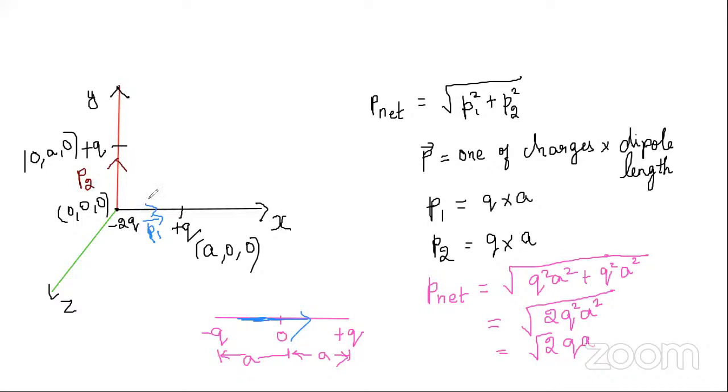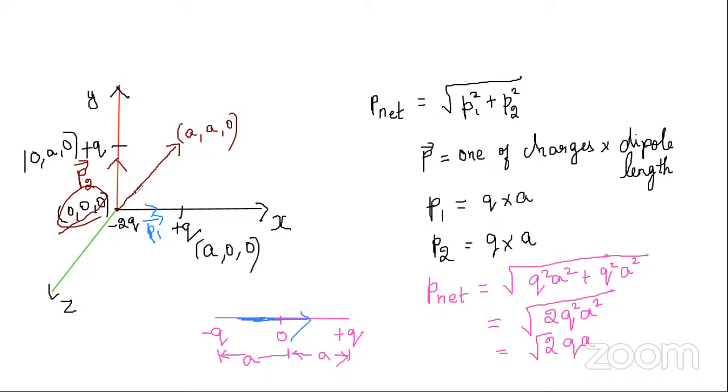P1 is a vector and P2 is a vector. So the net dipole moment is pointing along this direction. This is along the line joining the points 0, 0 and the point A, A, 0.